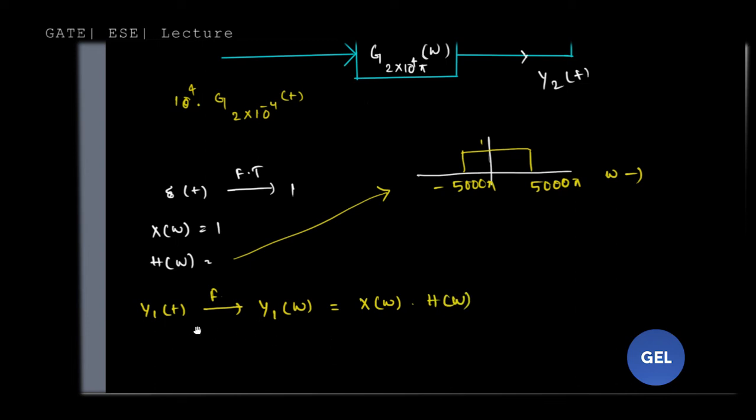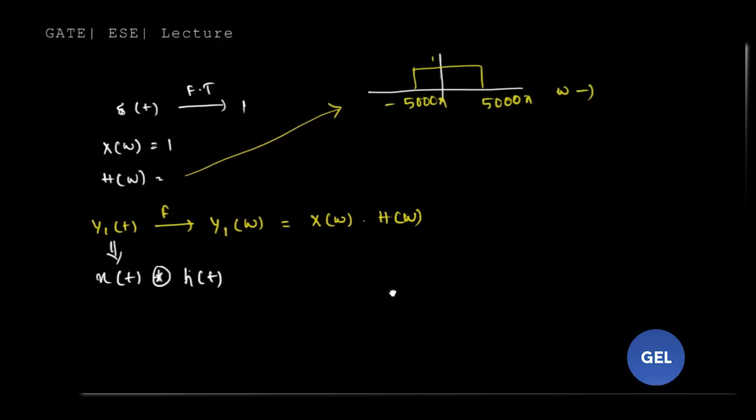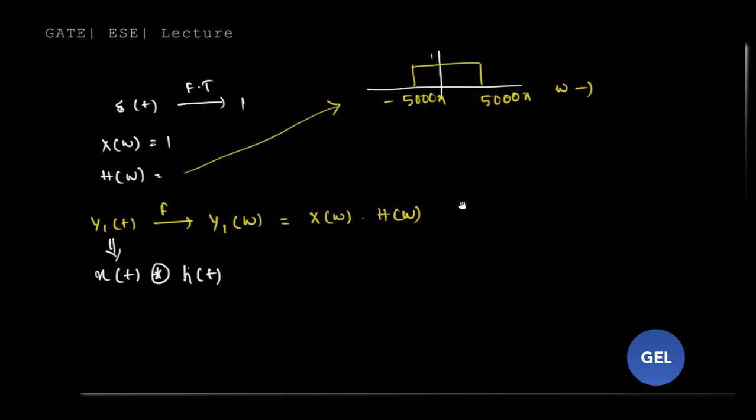Yes or no? Yes sir, because y1 of t is x of t convolved with h of t. That means in the frequency domain it is X of omega into H of omega. You understood this concept?